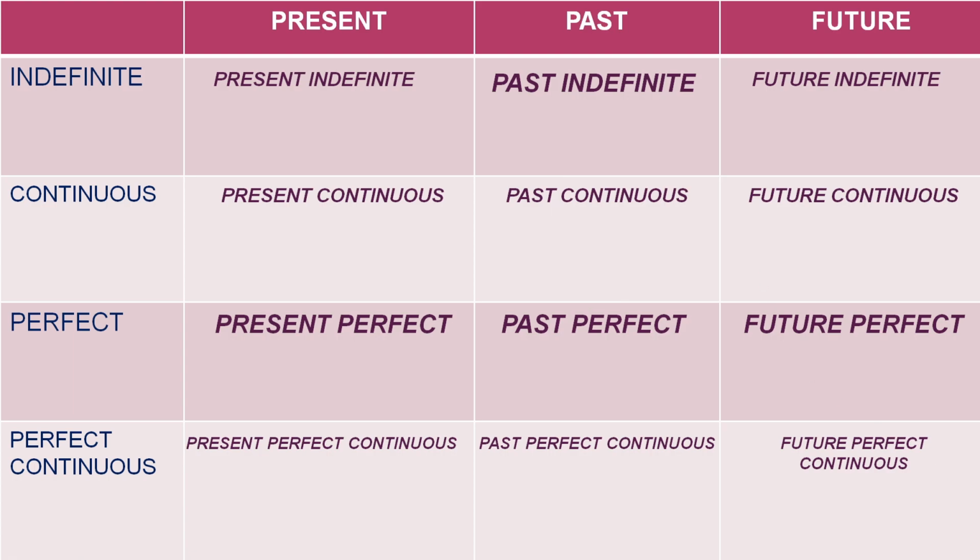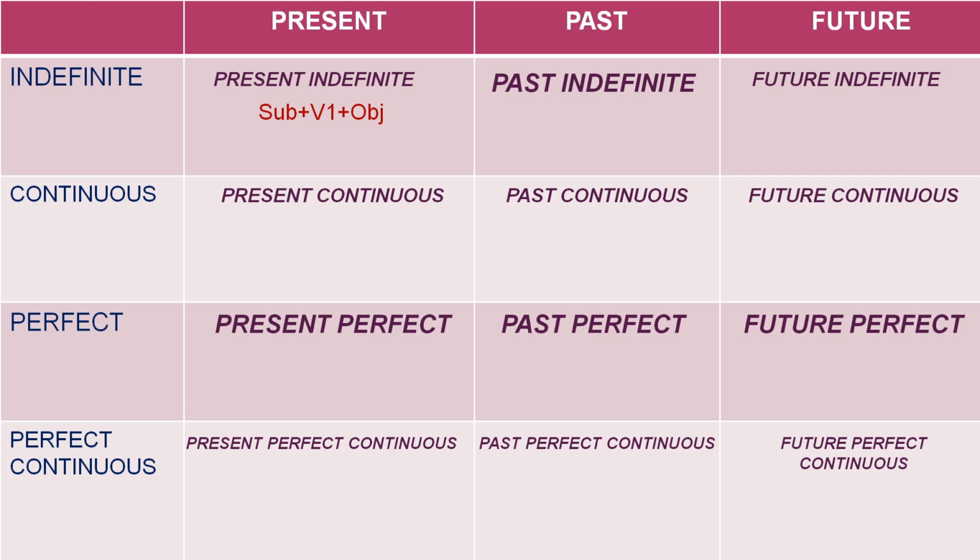Now we will discuss the rules of these tenses. As I told you, only the verb will change according to the change of the tense, and subject and object always remain the same, as we have discussed in sentence structure. So in the present indefinite tense, the sentence structure will be subject plus V1 plus object.